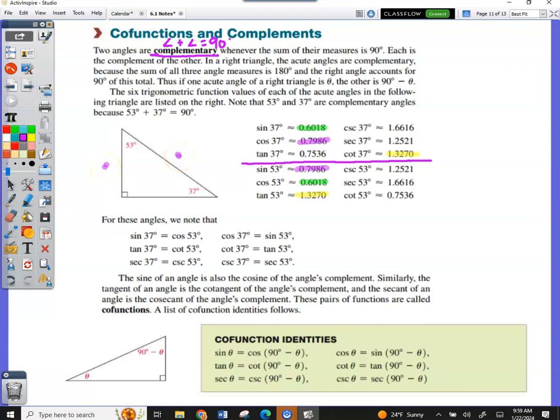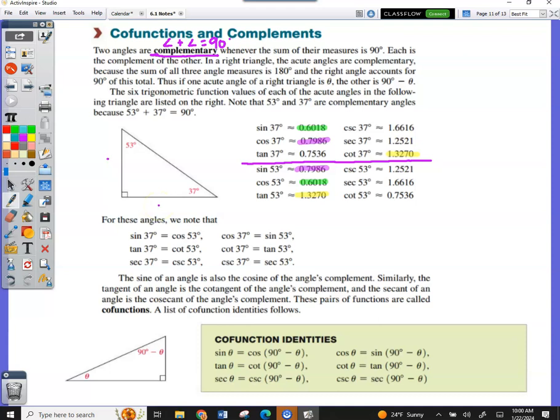The sine of one angle uses the same sides as the cosine of the other angle. The tangent of 37, opposite over adjacent.